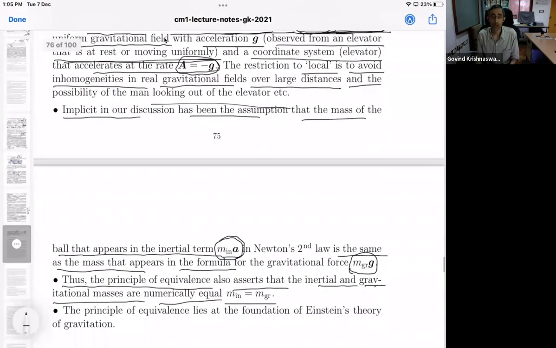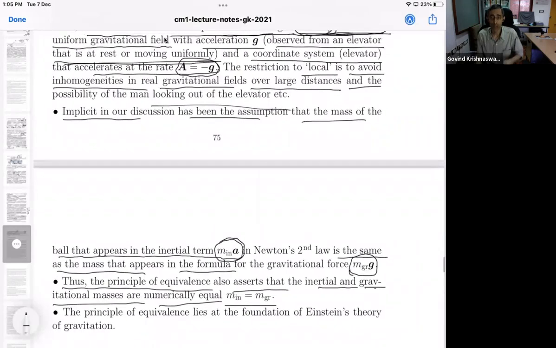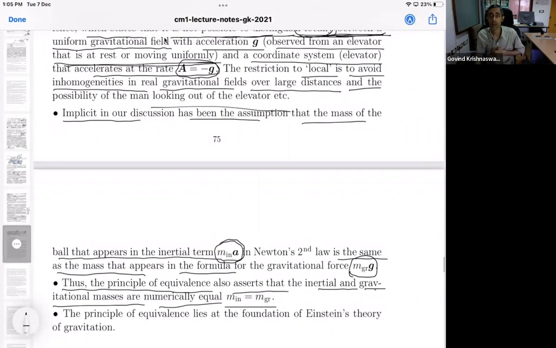Okay, so this is a brief discussion of accelerated frames. There are other types of accelerated frames that are very interesting. For instance, a rotating frame. The earth itself is rotating, so that is also an accelerated frame, or a rigid body that is rotating, a spinning top, and so on.